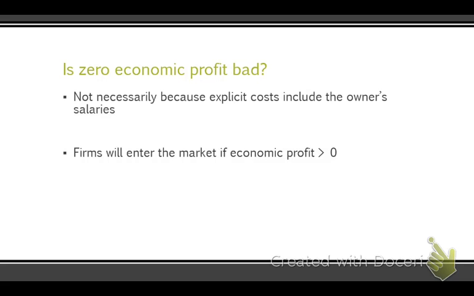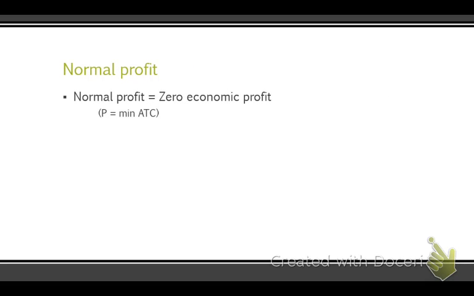If it goes below zero, firms will exit until the price goes back up and the profits go back up. Firms will enter the market if economic profit is greater than zero. Like I said, that's normal profit. When an economist says normal profit, that's zero economic profit. Your price equals the minimum average total cost in this condition.